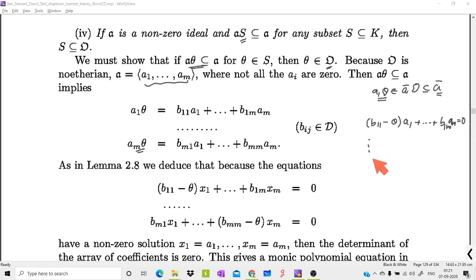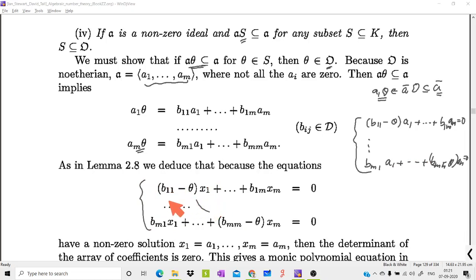Then etc., we have bm1 a1 plus etc. (bmm minus theta) into am equal to 0. If we have this system of equations, we can say that this system has a solution a1, a2, etc., am. That means this homogeneous system of equations has at least one non-zero solution.